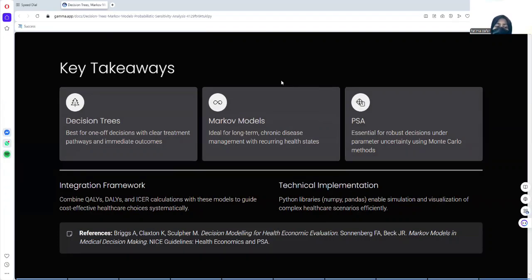The integration framework includes combining QALYs, DALYs and ICER calculation with these models to guide cost-effective healthcare choices systematically. And technical implementation includes Python libraries that enable the simulation and visualization of complex healthcare scenarios efficiently.